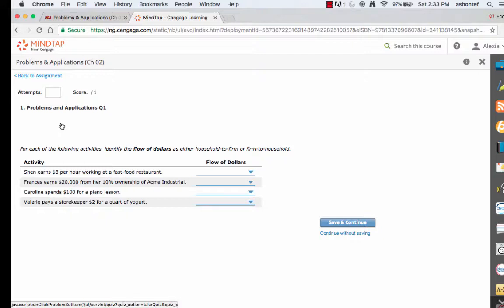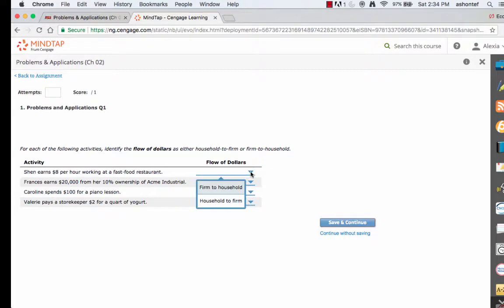So with all of that in mind, you're going to read through these statements, and I'm going to show you, you're going to want to read this from where the money is flowing, in what direction, meaning is it going from the firm to the household, or is it going from the household to the firm? So we'll just do a couple here. The first one says, Sean earns $8 per hour working at a fast food restaurant. So where is the flow of the dollars going from?